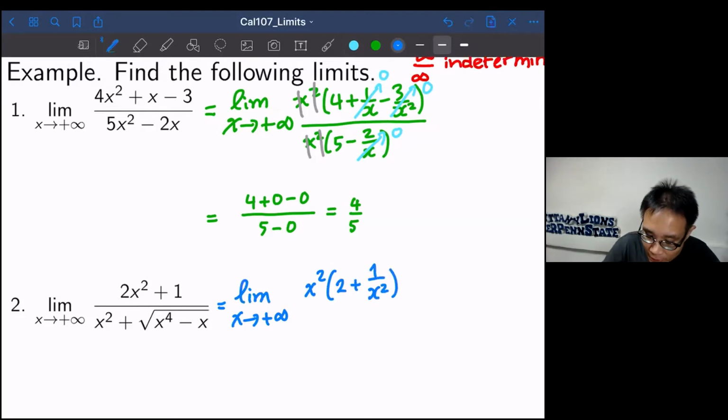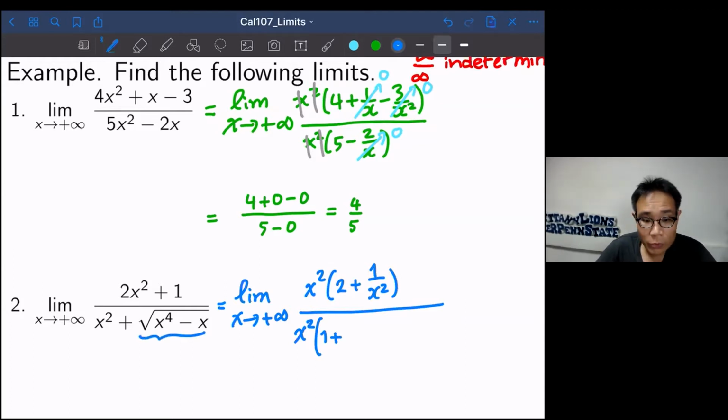And on the bottom you have x squared times 1 plus the square root of x to the fourth minus x. Let me look at x to the fourth minus x a little bit. You're going to pull out the highest power, which is x to the fourth, so it's going to be 1 minus 1 over x cubed.